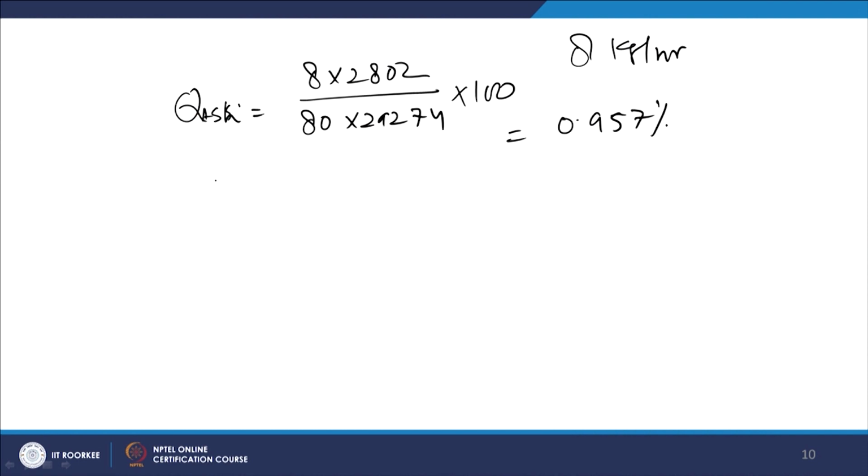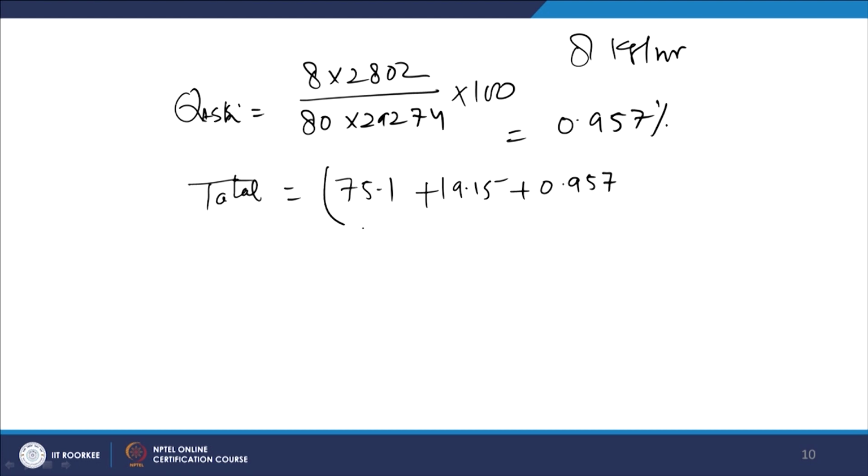So, the total account of heat: the efficiency is 75.1%, which is used for converting water into steam. 19.15% of heat is going out with the flue gases. 0.957% of heat is going with the ash.